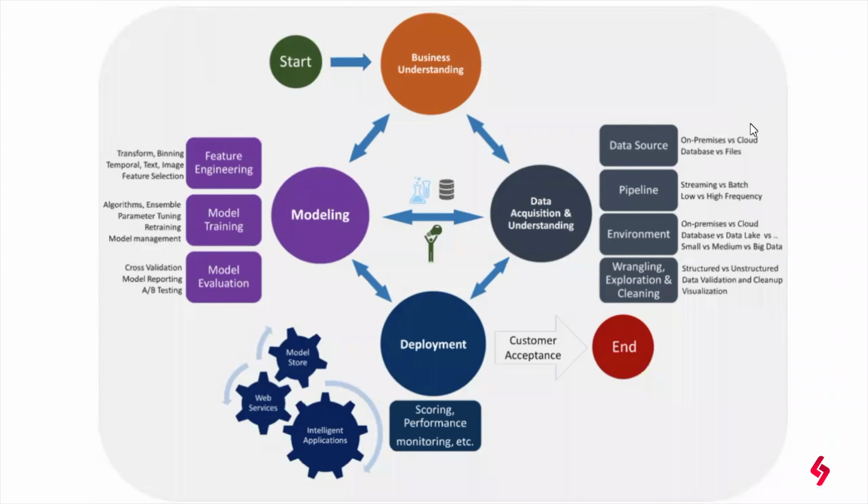Yes, exactly. That is always good to have. If you understand the problem statement, we can easily prefer which kind of algorithm suits the modeling. There are different types of algorithms, so if you know the problem statement very well, we can easily say that this is the solution we can propose. That's where these arrow marks are: business understanding with the modeling, and business understanding giving the data.